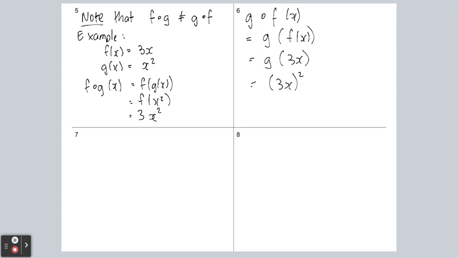The brackets need to be there because it's a compound term, right? It's not just a single letter. It's 3 times x. I'm squaring all of 3x. I'm not just squaring the x bit. So if I do that and now simplify, I'll get 3 squared is 9x squared. So f composed with g gives me 3x squared. G composed with f is 9x squared.